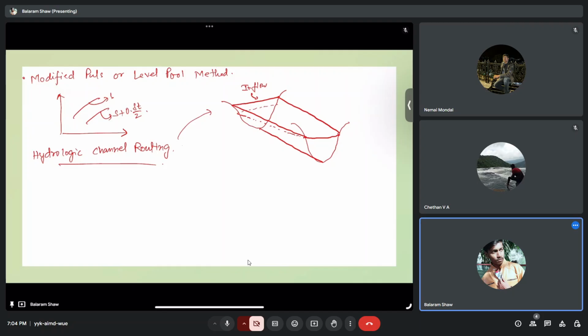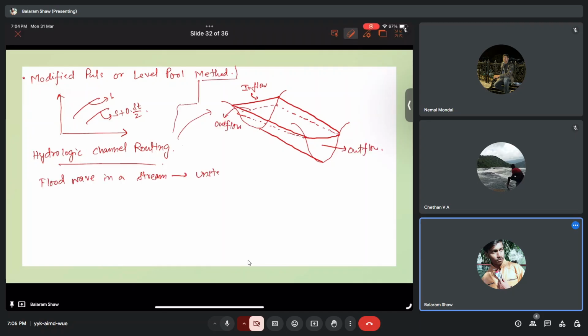Because the flood wave, how it behaves in a stream, it will be an unsteady and non-uniform flow. That is, the flow will vary with time, and it will also be varying in terms of space.